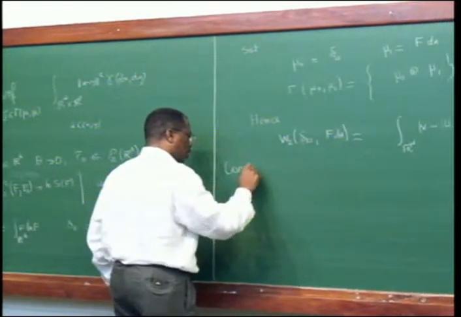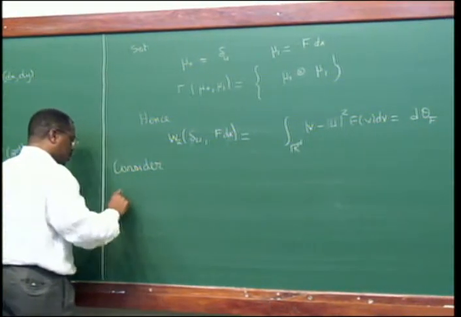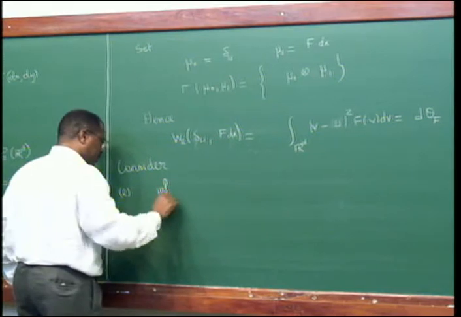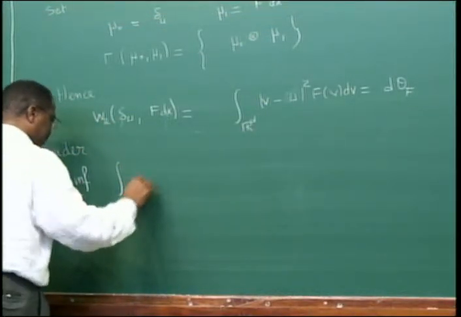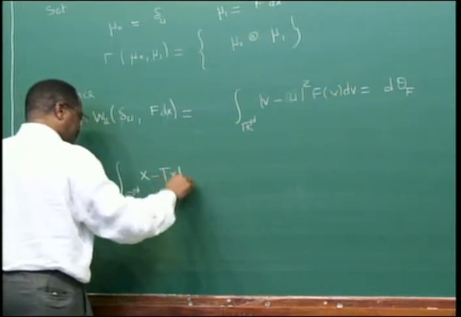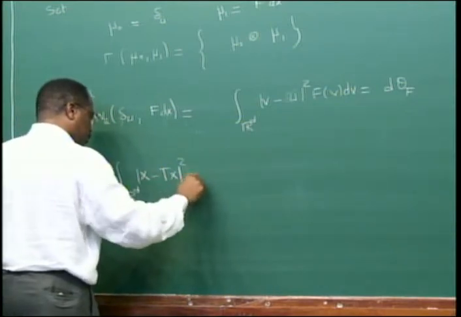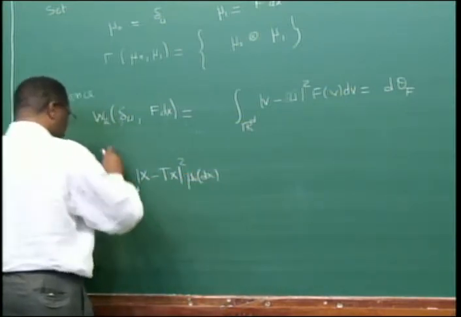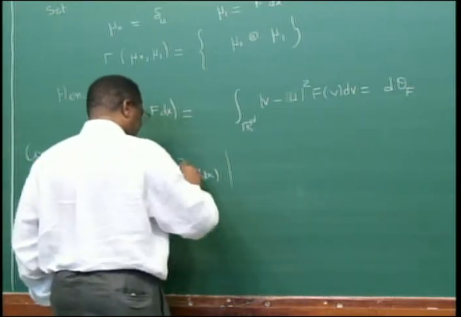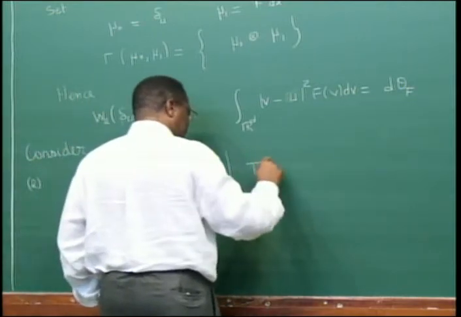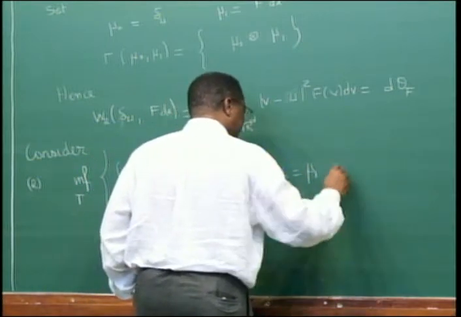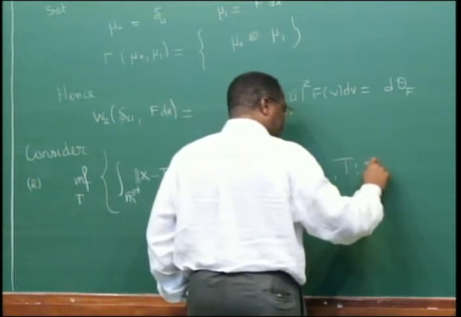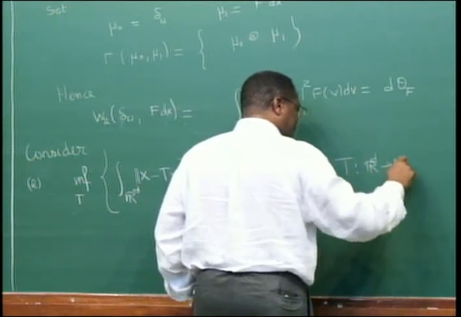Consider also the Monge problem, which is the infimum over T of the integral over R^d of |x - T(x)|^2 d mu naught, subject to the constraint that T pushes mu naught forward to mu 1, and that T from R^d to R^d is Borel.